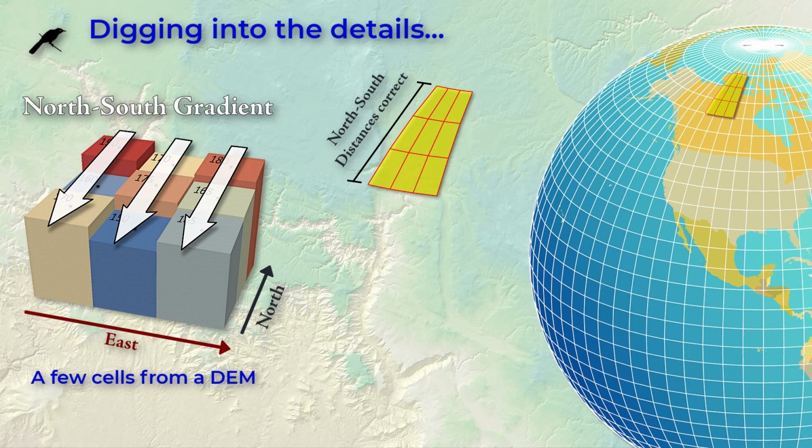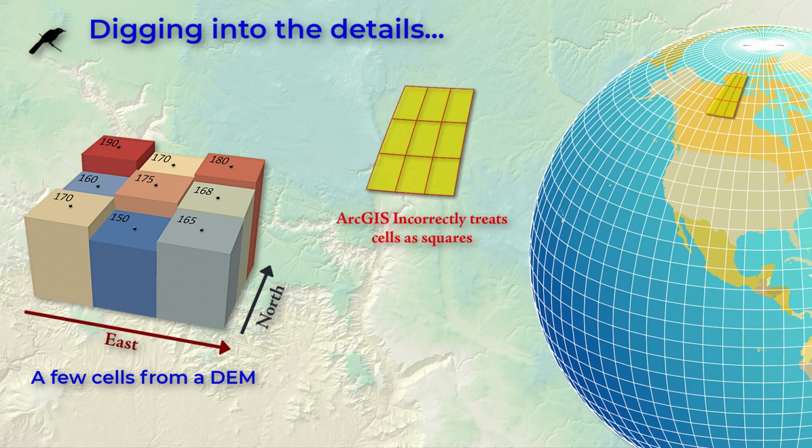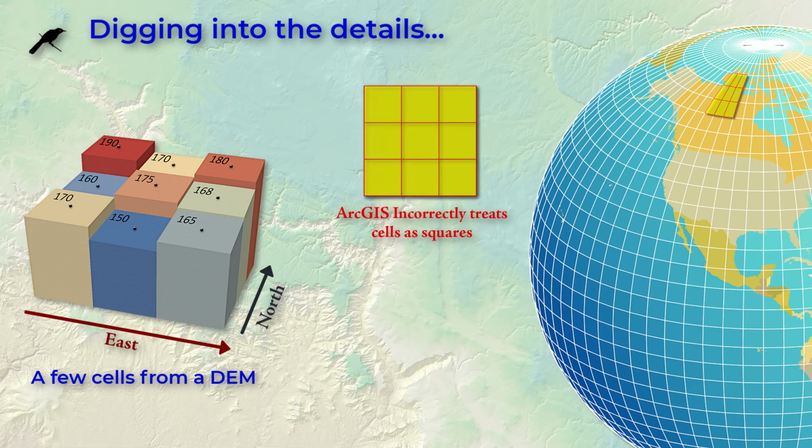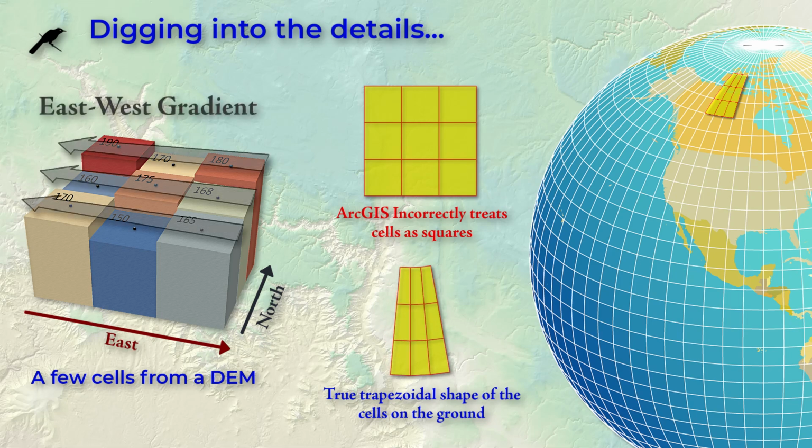So the north-south gradient is good. Unfortunately, ArcGIS then just treats the cells as if the distance east to west is the same as the distance north to south, or as if they were squares. And since the east-west distance is actually less than the north-south distance, the east-west gradient is underestimated. And remember, we're only discussing rasters and geographic coordinates here. Geographic raster cells are trapezoids on the actual surface of the planet, and therefore the width of the cell is always less than the height.